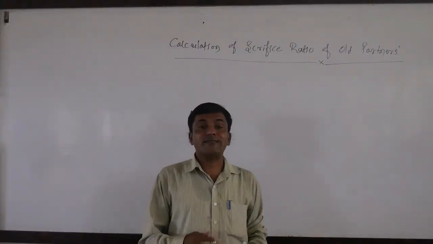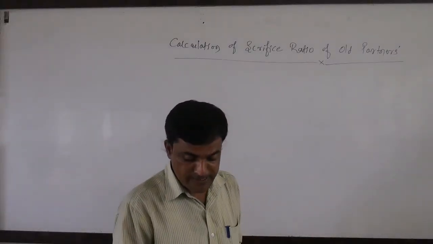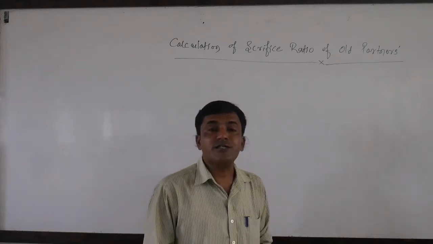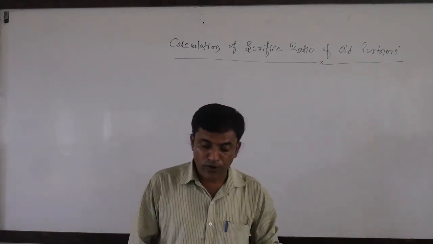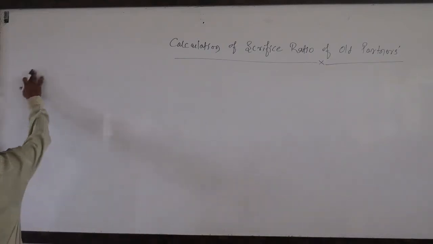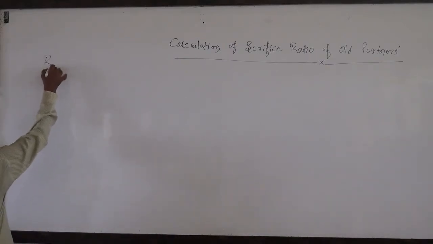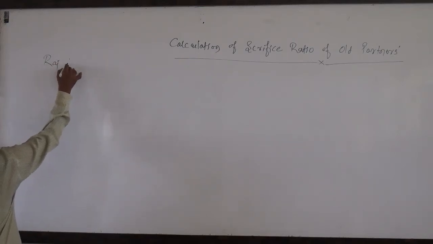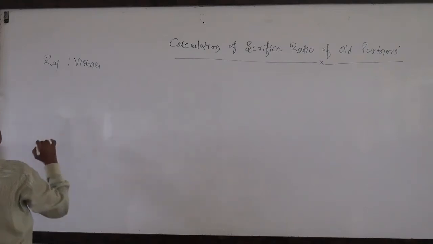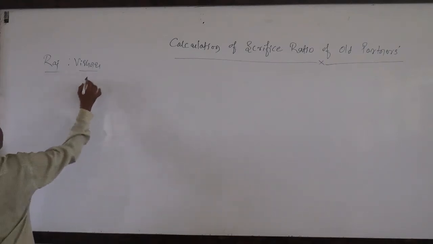Okay, dear students, as per your image, the example is: Raj and Vishnu are partners sharing profits and losses in the ratio of 5 is to 4. There were two partners, Raj and Vishnu. So these two are old partners.